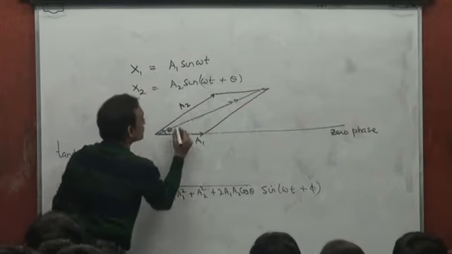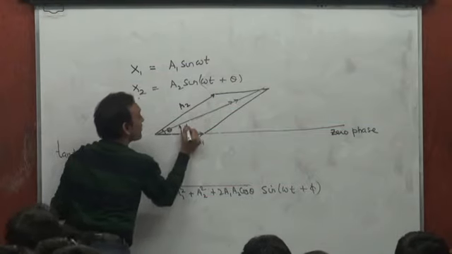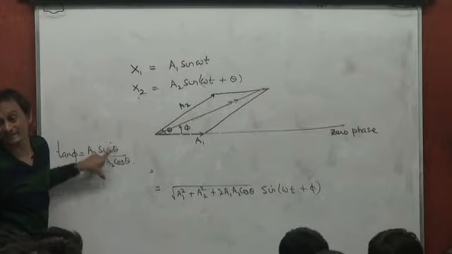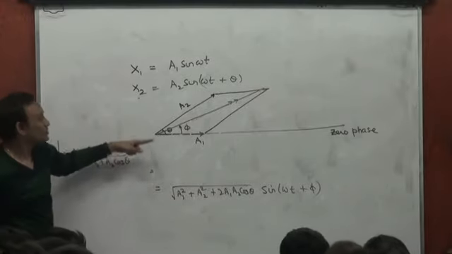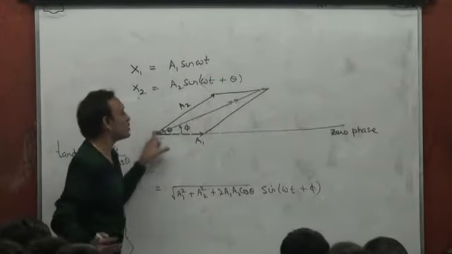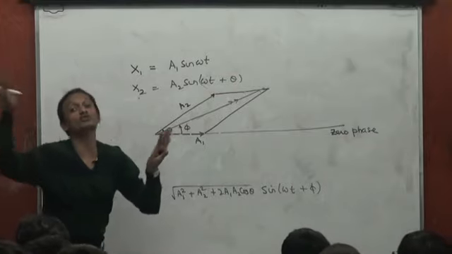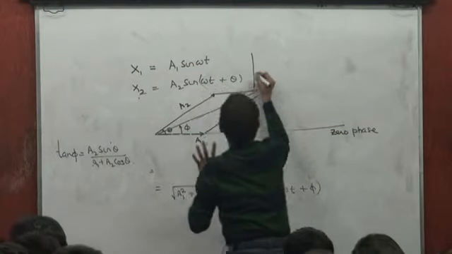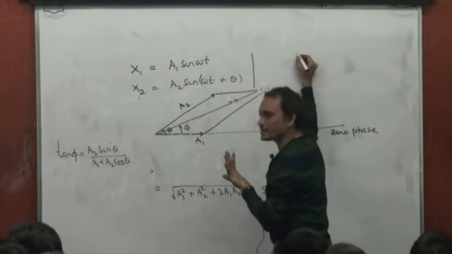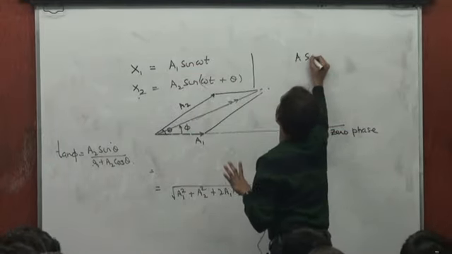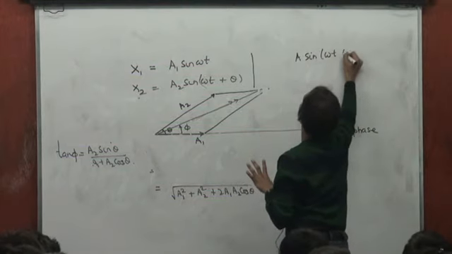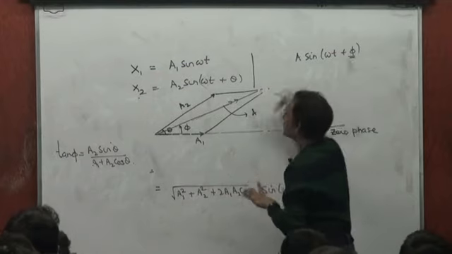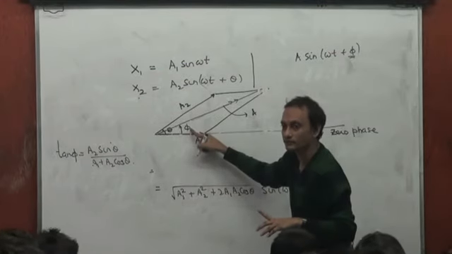And what would be the phase of the resulting motion? Do you realize that this phi, actually from the parallelogram law, is a2 sin theta by a1 plus a2 cos theta. So the angle that this resultant makes with the zero phase line would be the phase of the resulting motion. So if I superimpose x1 and x2, I get a sin omega t plus phi, where a is this and phi is this angle, right?